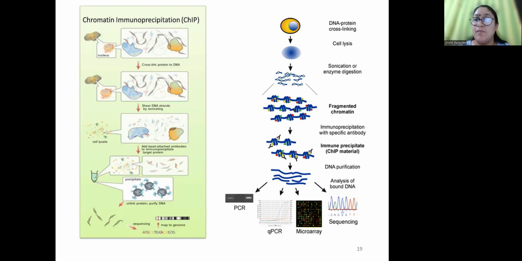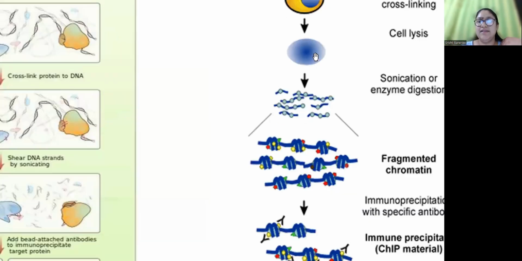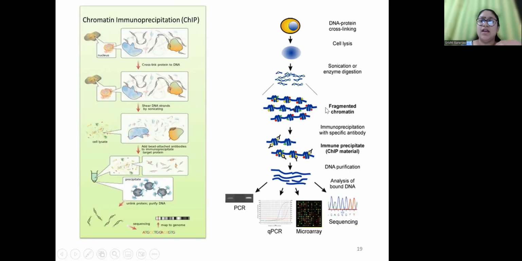But the part of the DNA which is bound to the protein complex remains as it is. The parts which are not in the complex will get fragmented, but the parts in the complex remain. As you see here, you have three proteins attached to it, but this one has one. So now this is fragmented chromatin.